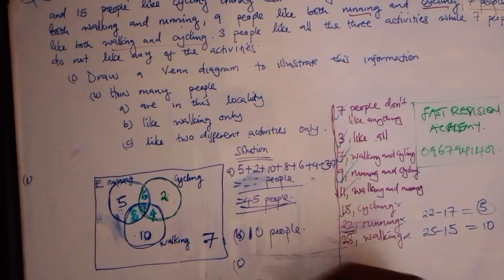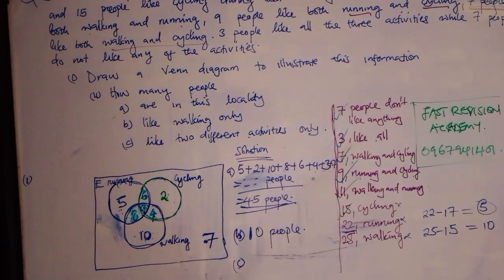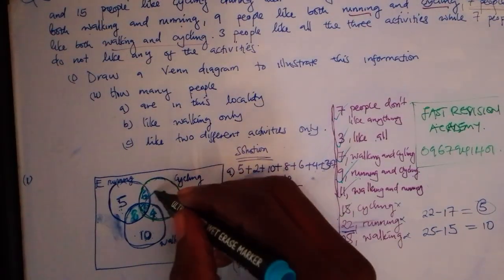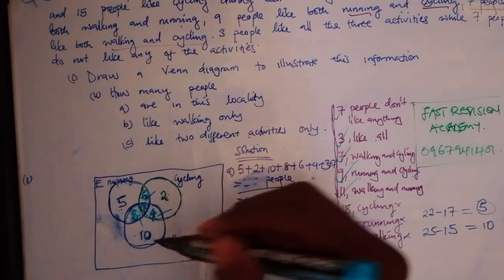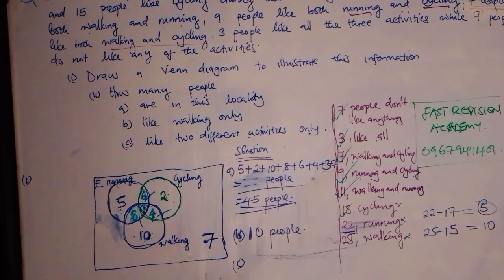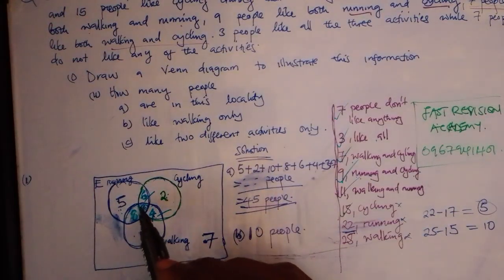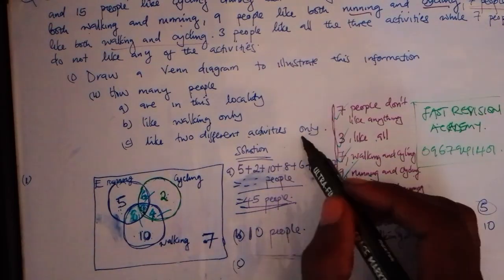Then our final part, which is part C, those people which liked 2 different activities. So those that liked 2 different activities are these. If they said at least 2 different activities, we could have included 3. But they said only.